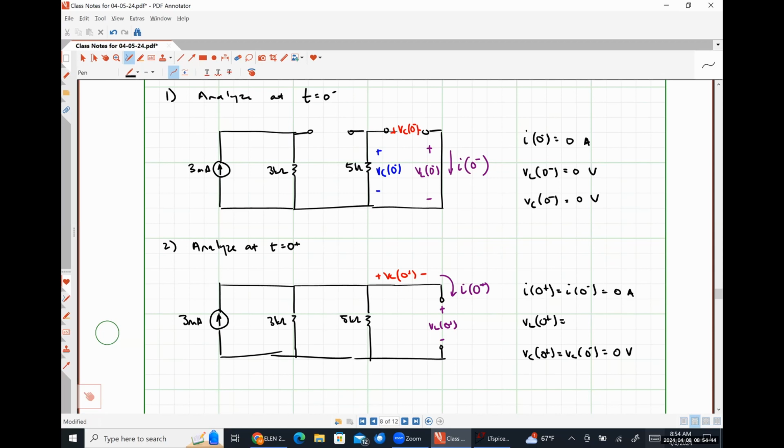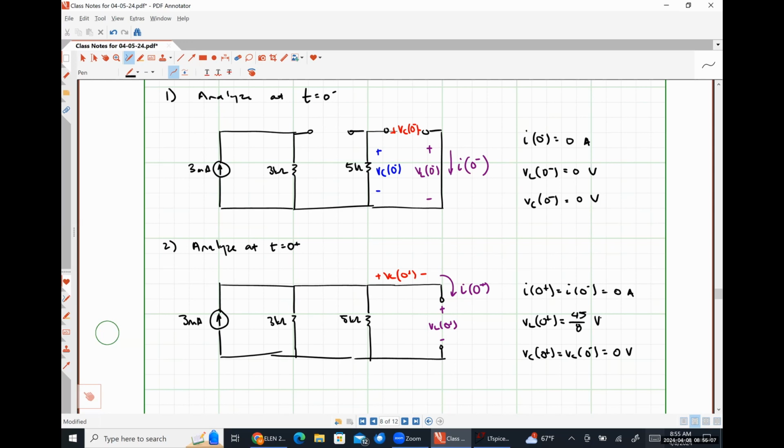So that's 15 over 8 kilo ohms times 3 milliamps is 45 over 8 volts by my mental calculations, which I believe wholeheartedly are correct. Yes. Okay. All right, so 45 over 8 volts.